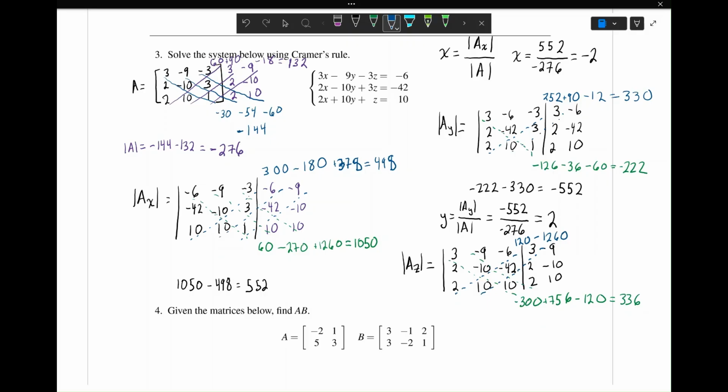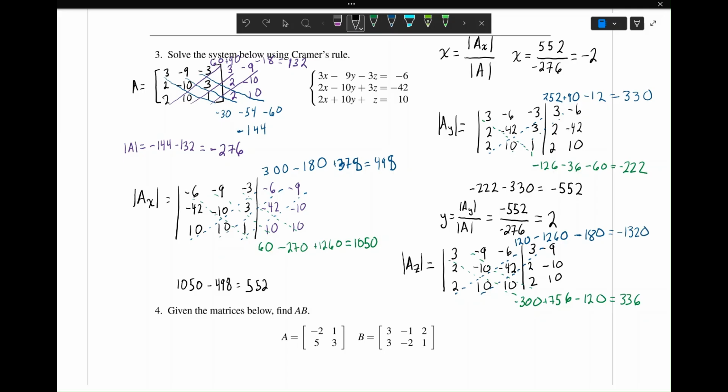And then 10 times 2 times negative 9 is going to give us a negative 180. I'll add those together. I end up with negative 1320.